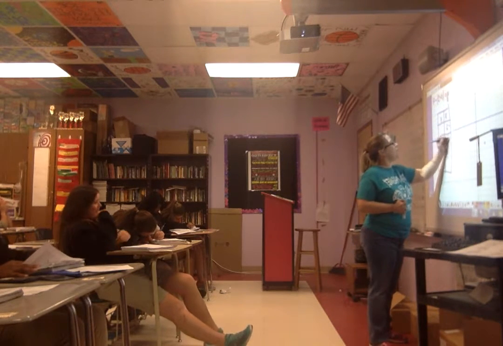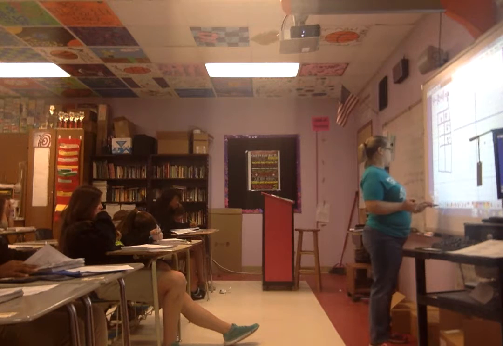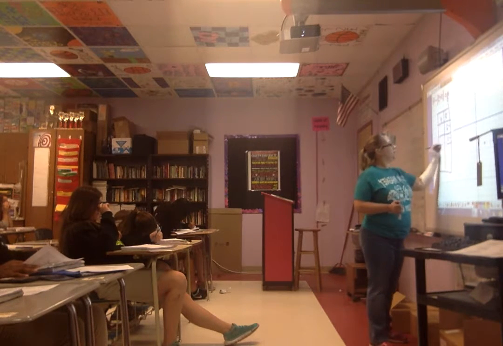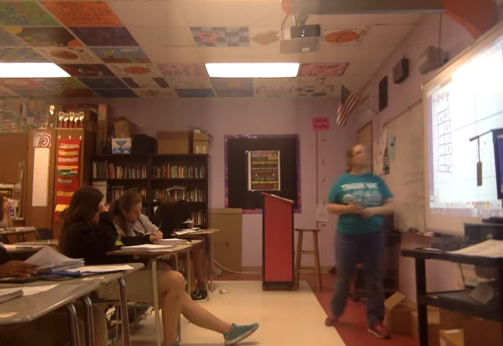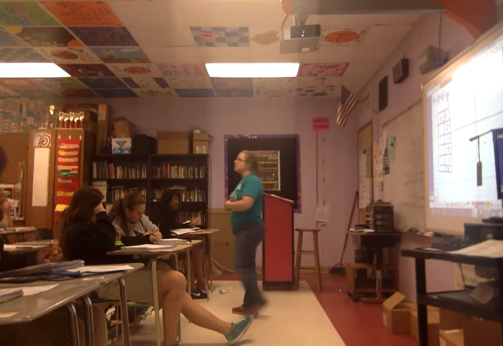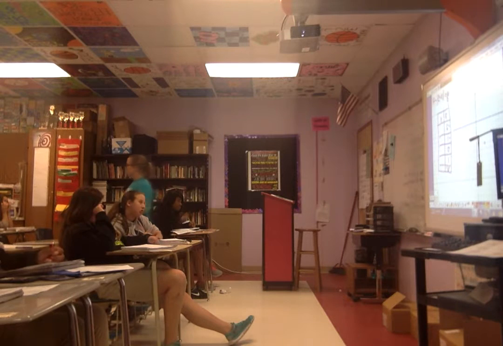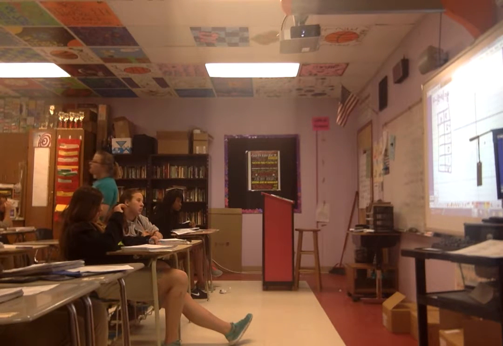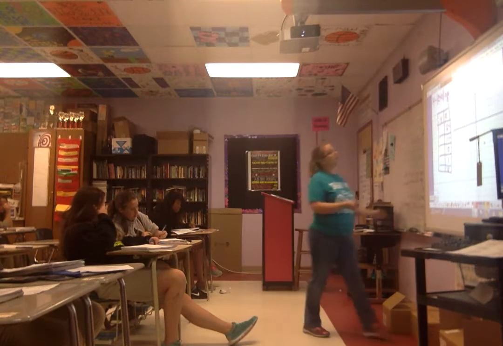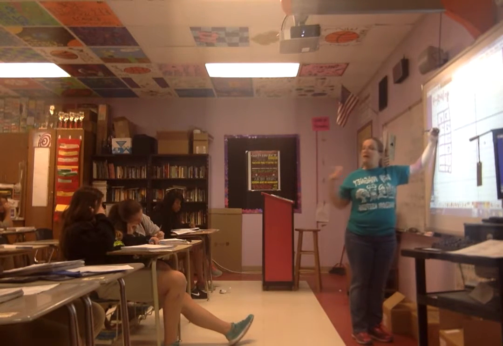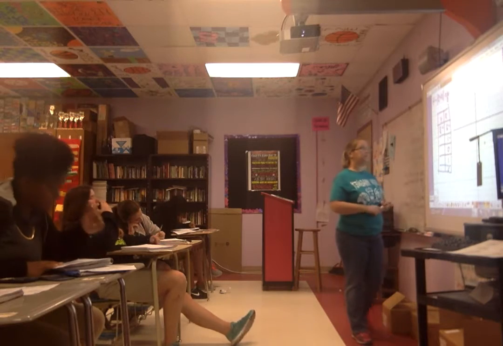Negative 3, negative 2, negative 1, 0, 1, 2. It might not be enough numbers, but let's find out. Okay, so negative 2 plus 3 is 1. The absolute value of 1 is 1, minus 4 is negative 3.